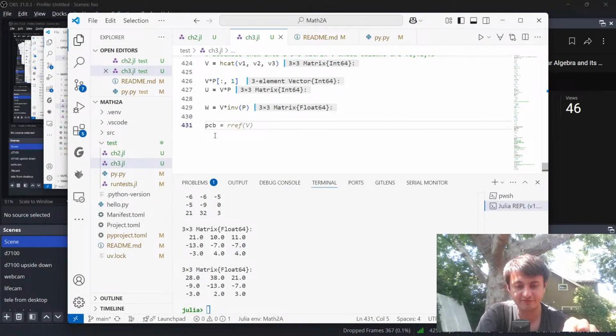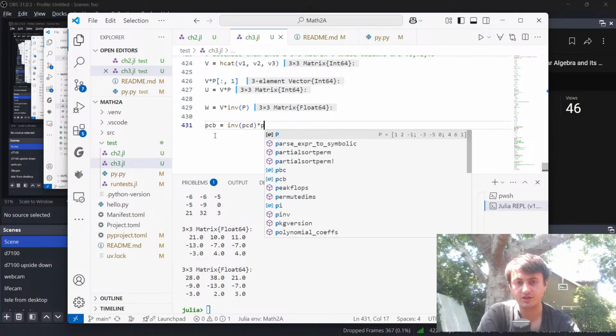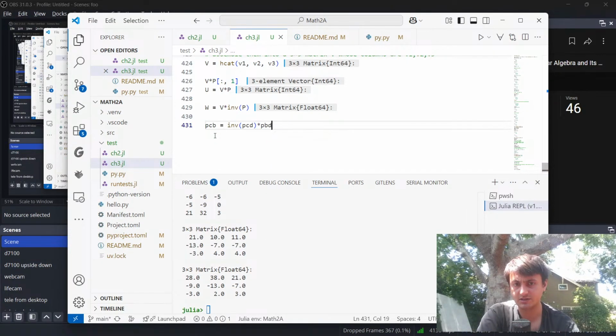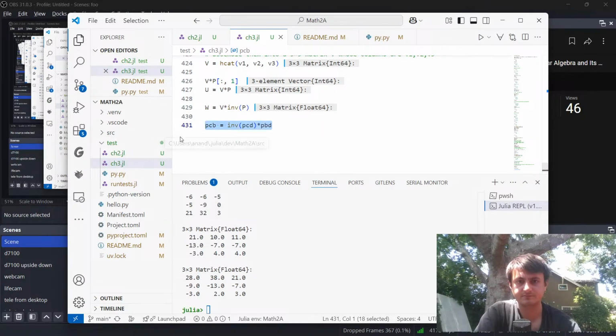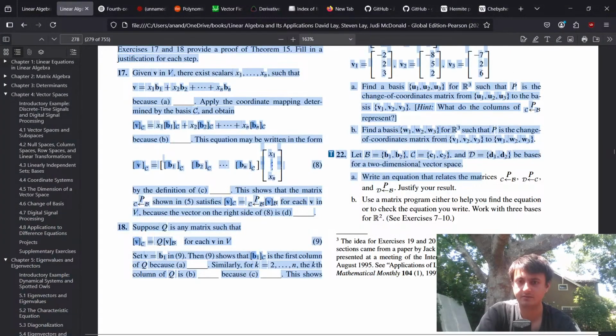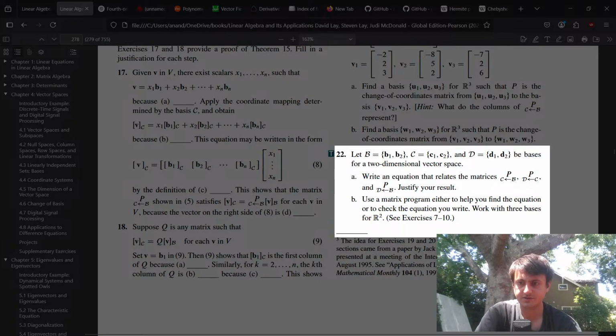So that means P from C to B is equal to inverse PCD times PDB times XB. Well, we don't really need this part. But that's what I'm saying. And then the other ones are just the same thing.